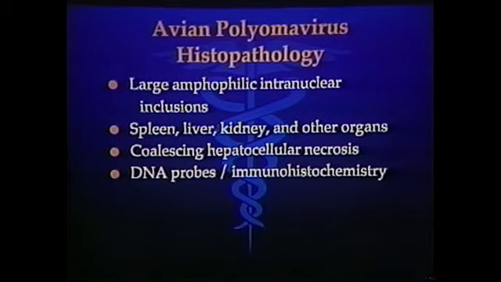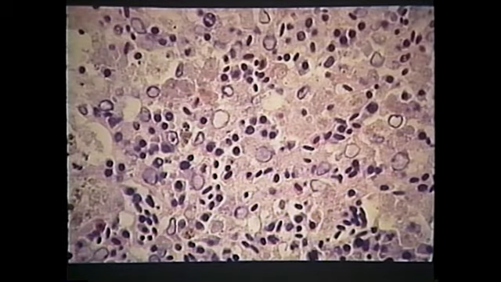A characteristic lesion of acute polyomavirus infection is multifocal to coalescing hepatocellular necrosis that may be submassive. Viral inclusions may not be apparent in H&E stained tissue sections. Thus, DNA probes or immunohistochemistry are useful in documenting the presence of the virus.